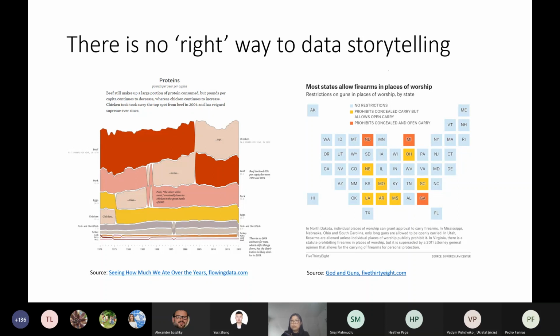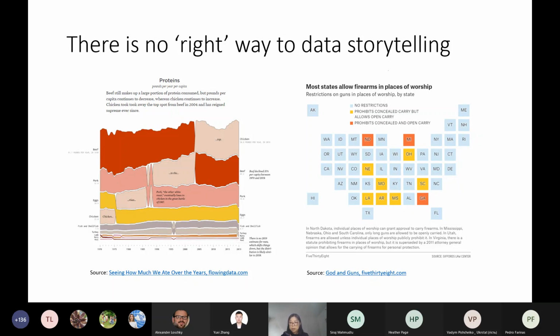Here are two very interesting examples that I pulled from a website called flowingdata.com. And the one on the right side is from 538.com. It's a very famous political data consulting firm that was big when we were going through the elections last year in the United States. So there are many, many resources.